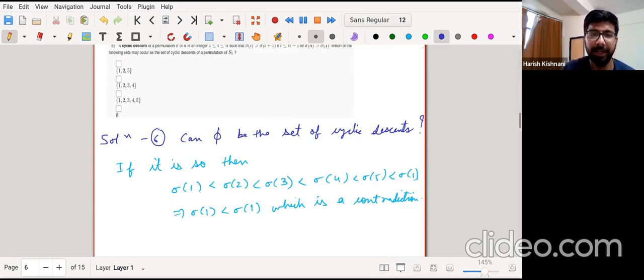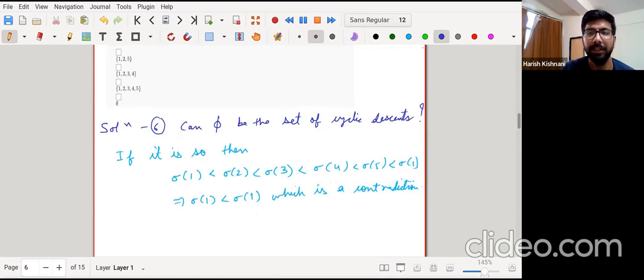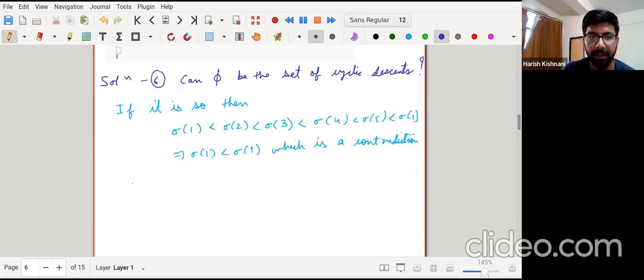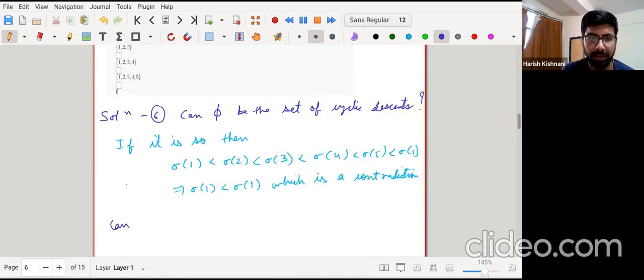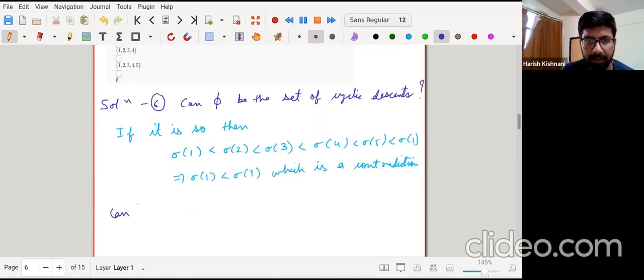One more case is very much similar to this. Can anyone tell me straight away whether the third option can be a set of all cyclic descents or not? Yeah, anyone?